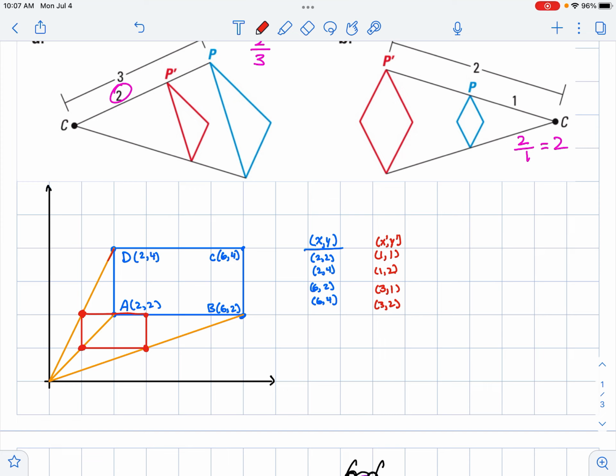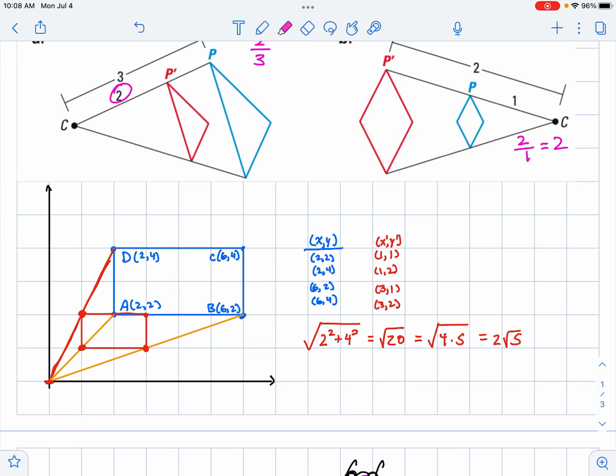Let's look at this distance, which is like our P. That's going to be the square root of 2 squared plus 4 squared, because the origin here is the center point. That is the square root of 20, which you could reduce. This is 4 times 5, which is 2 square roots of 5. So this distance is 2 square roots of 5.